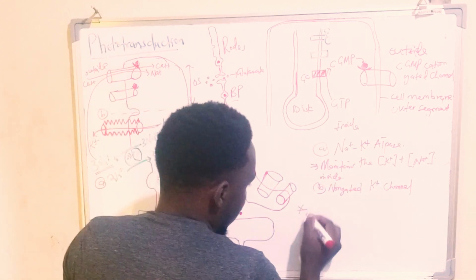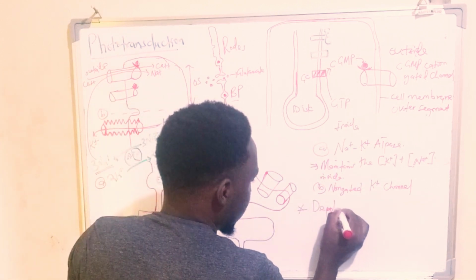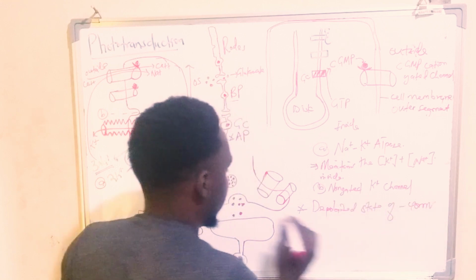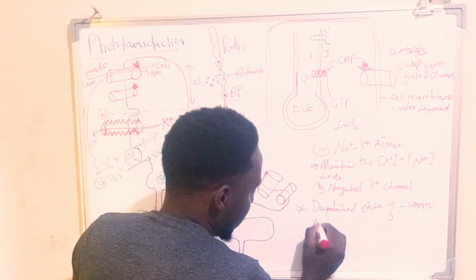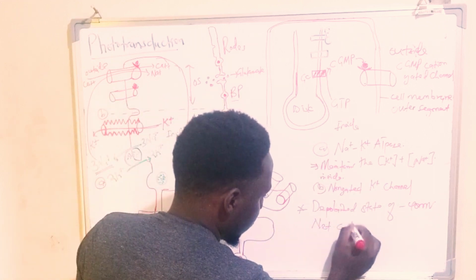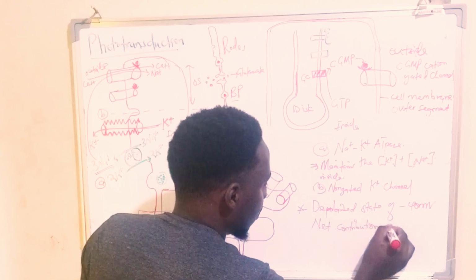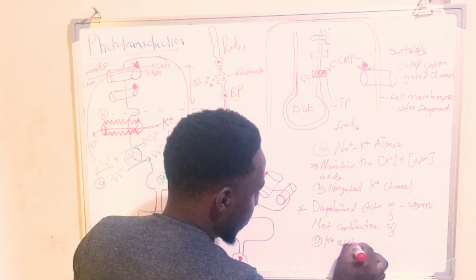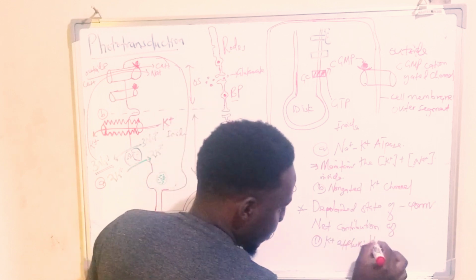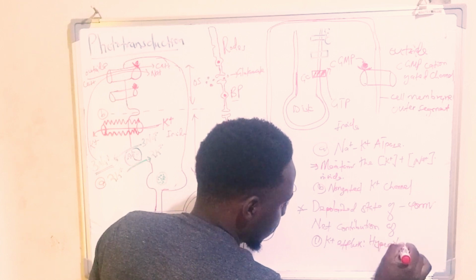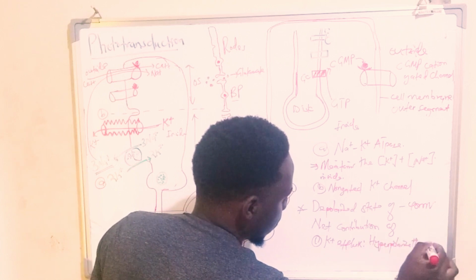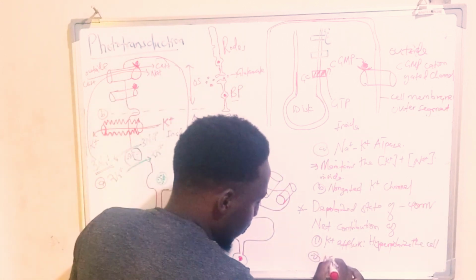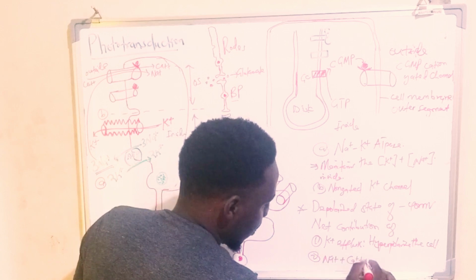So in other words, this depolarized state of negative 40 millivolts of these photoreceptors is a net, or a sum, contribution of potassium efflux, which acts to hyperpolarize the cell, as well as the contribution of sodium and calcium influx.